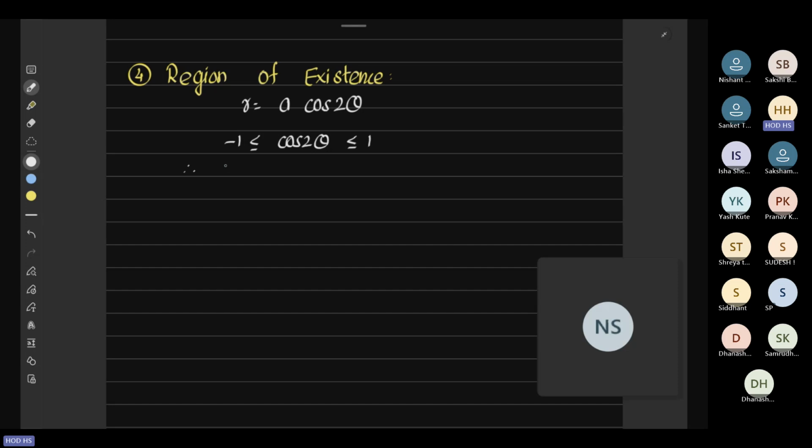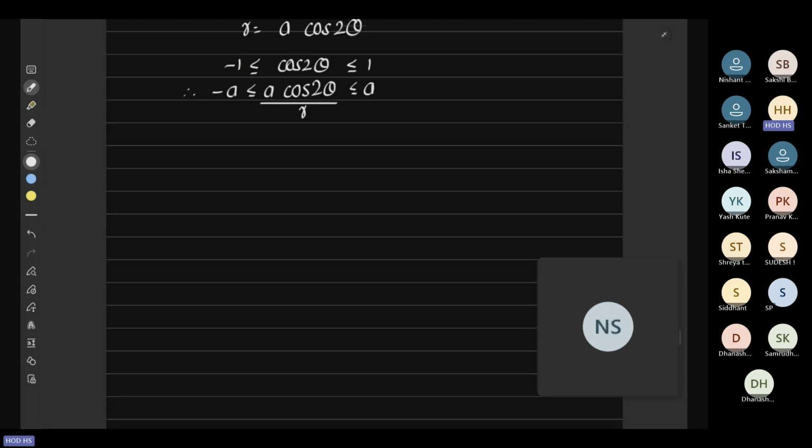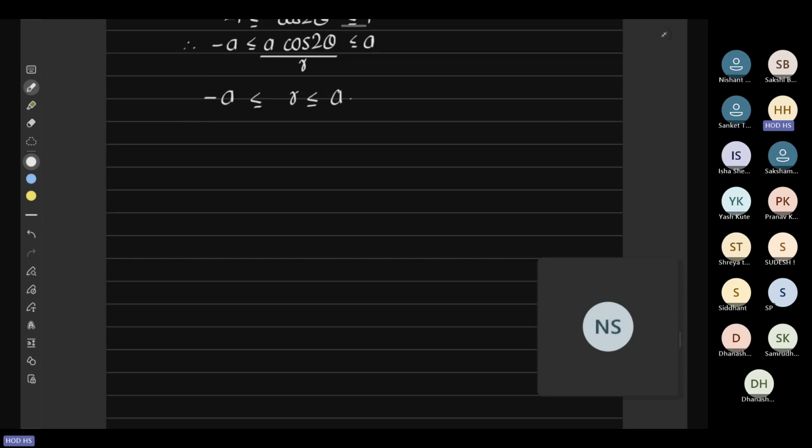So therefore, if I multiply by a, I will have minus a less than or equal to a cos 2 theta is less than or equal to a. And we know this middle quantity is r. So minus a less than or equal to r less than or equal to a. So we get r max as a and r min as minus a.